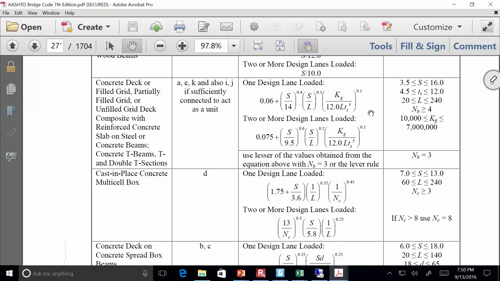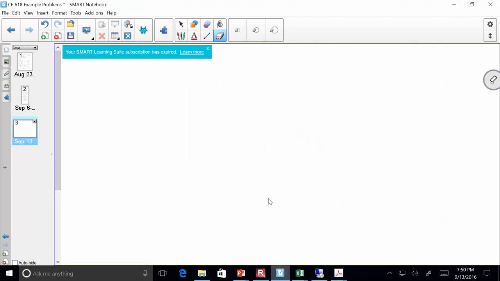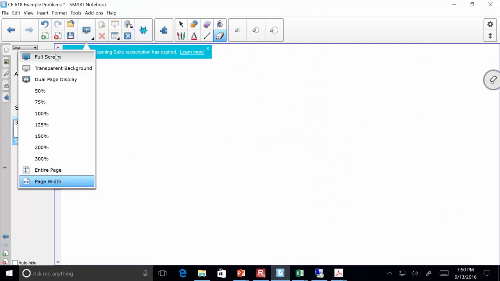All right, let's get into it, and I'm going to start off with the positive bending region. Live load distribution factors.